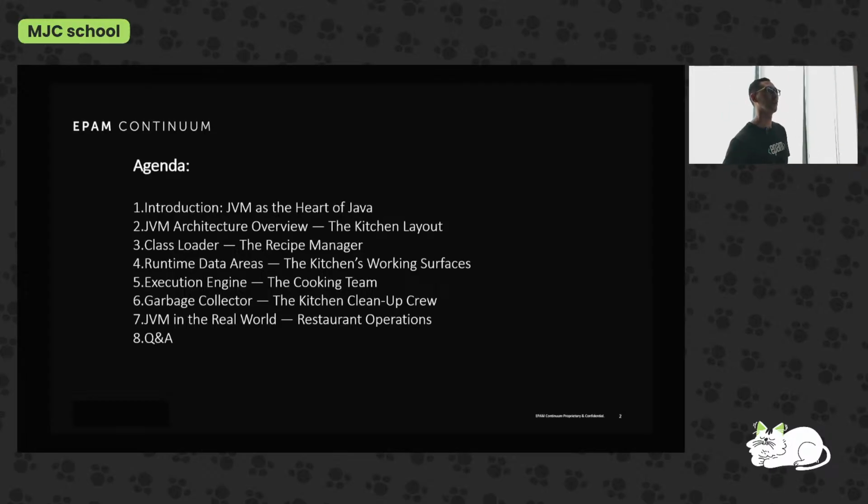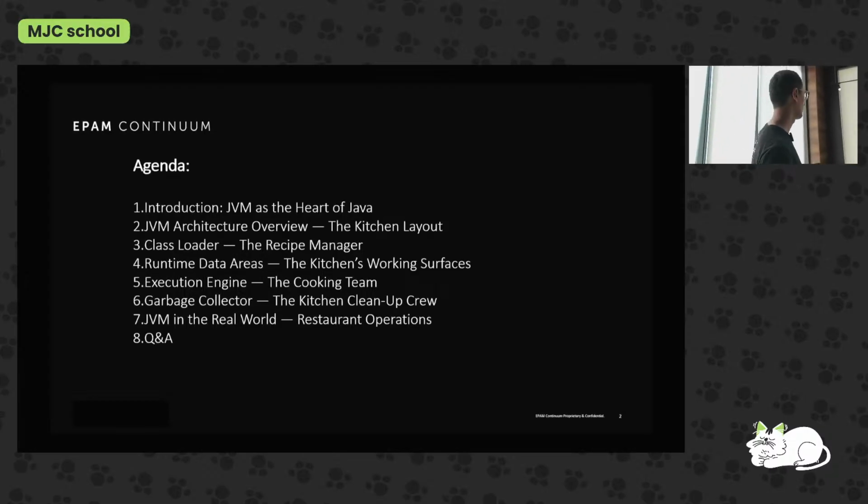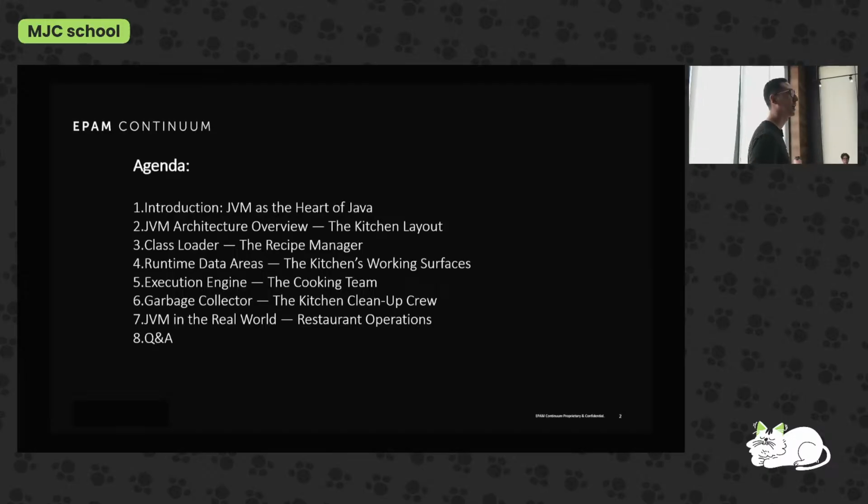And then we're going to talk about its main components, which are the class loader, runtime data area, and then execution engines, garbage collectors, etc. And we're going to talk briefly about some of the pitfalls we might have when we are working with JVM-related machines, and how we can solve the problems involving our JVM.